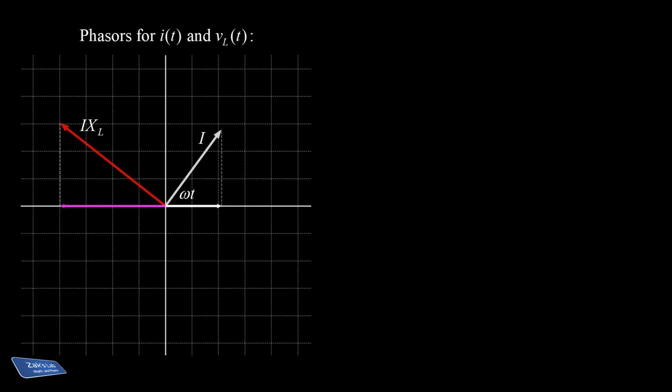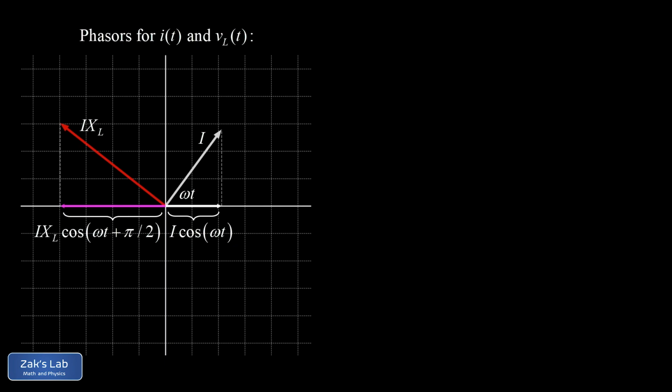I've already shown horizontal projections of these phasors in the picture, and recall that these projections are the part that has a physical interpretation as the values of the actual sinusoidal functions we're trying to model. The horizontal projection of the current phasor is I times the cosine of omega t, as usual. And the horizontal projection of our voltage phasor for the inductor is I times X sub L, again the voltage amplitude, times the cosine of omega t plus pi/2.